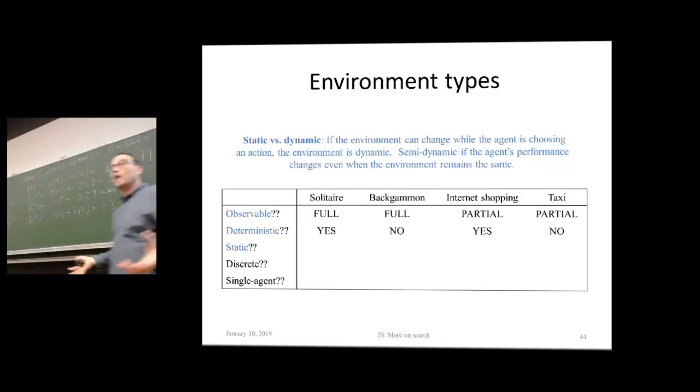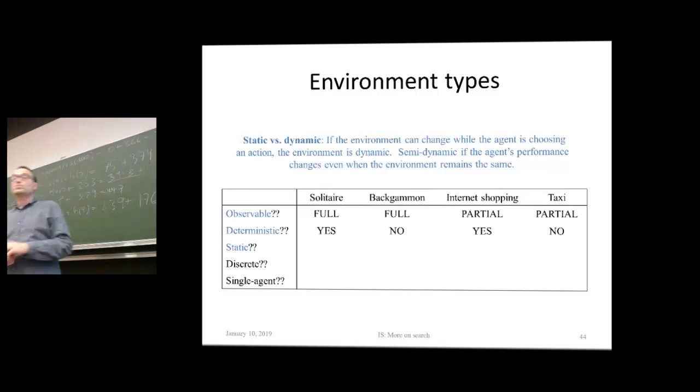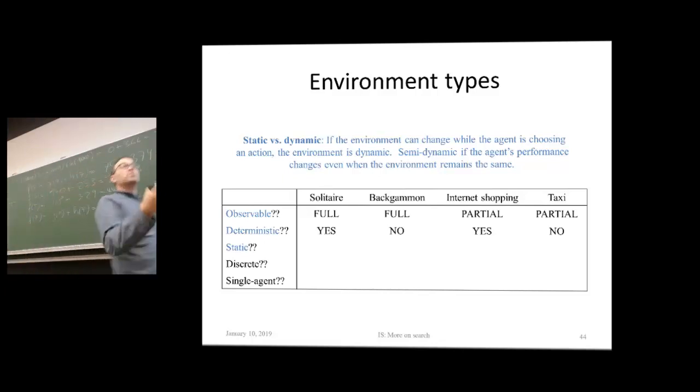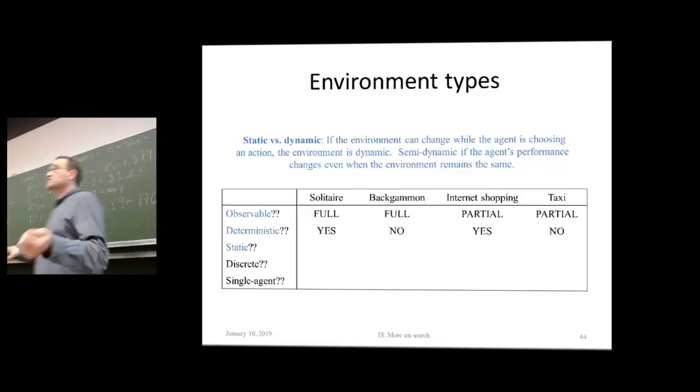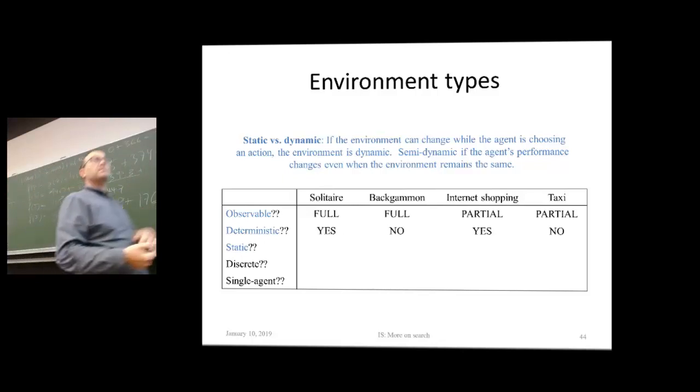That's a very important one, and that's the distinction between a static and a dynamic environment. We hope, at least, that when we start a game of Schnapsen, the cards won't change colors, or that my opponent will be the same after some move, and so forth.